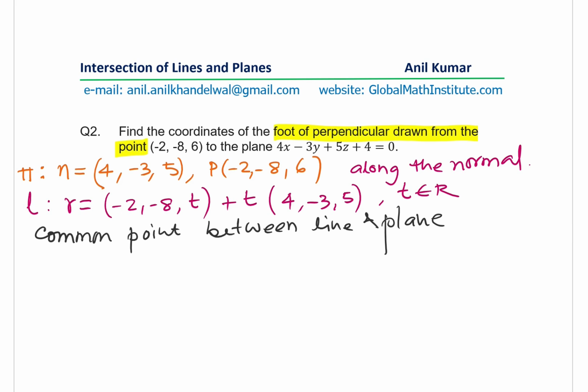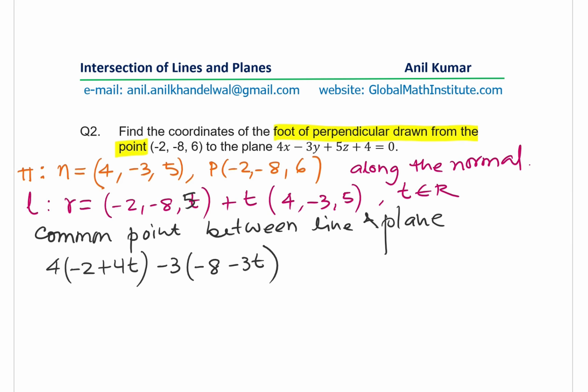So we're just going to substitute this point here. So we have 4 times the x value, which is minus 2 plus 4t, and then minus 3 times the y value, which is minus 8 minus 3t.